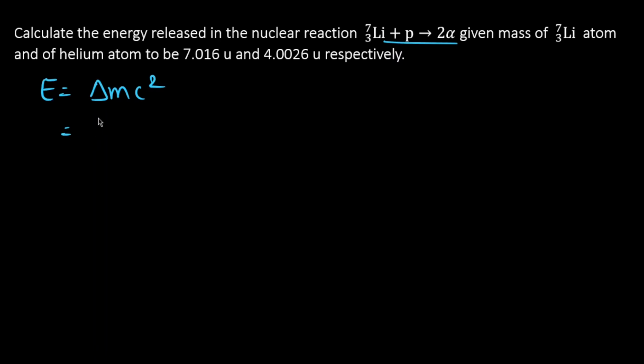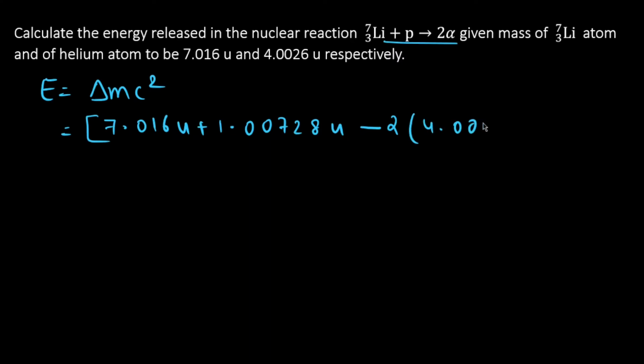So from this we know for lithium the mass is given as 7.016 u, plus for proton we know the mass of proton as 1.00728 u, minus twice the mass of the alpha particle, that is 2 into 4.0026 u, into c square.